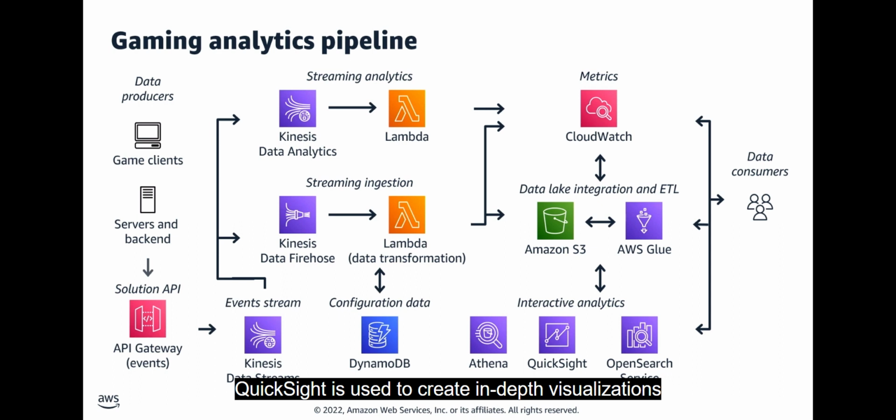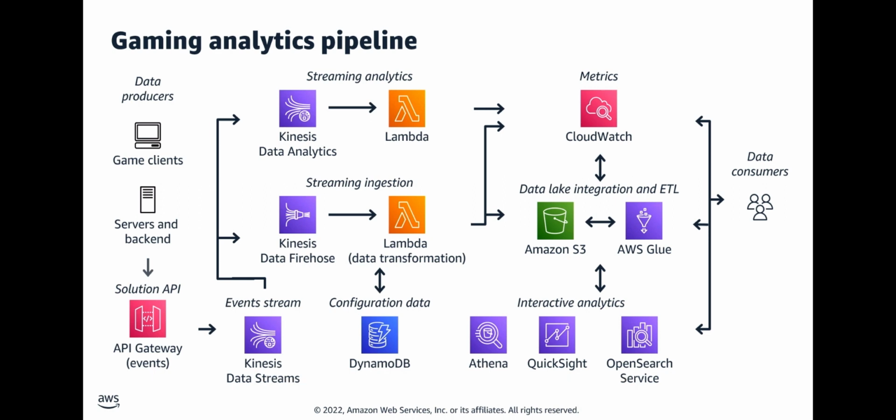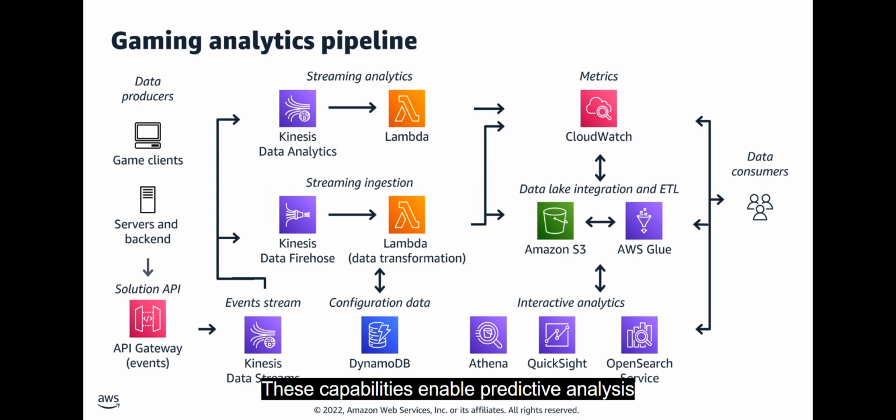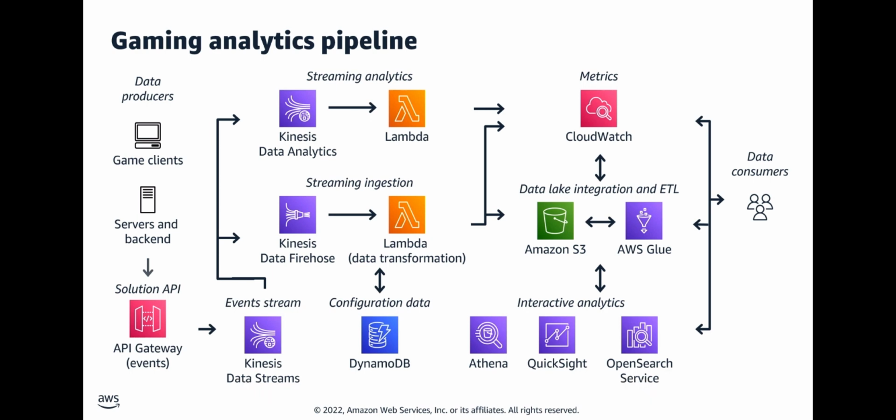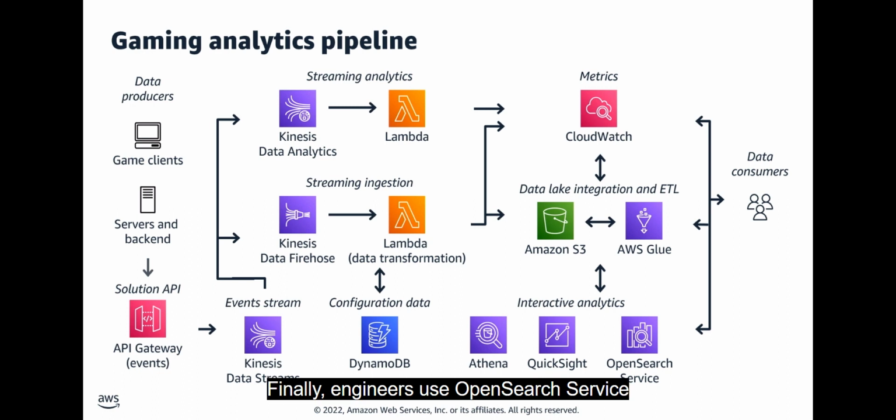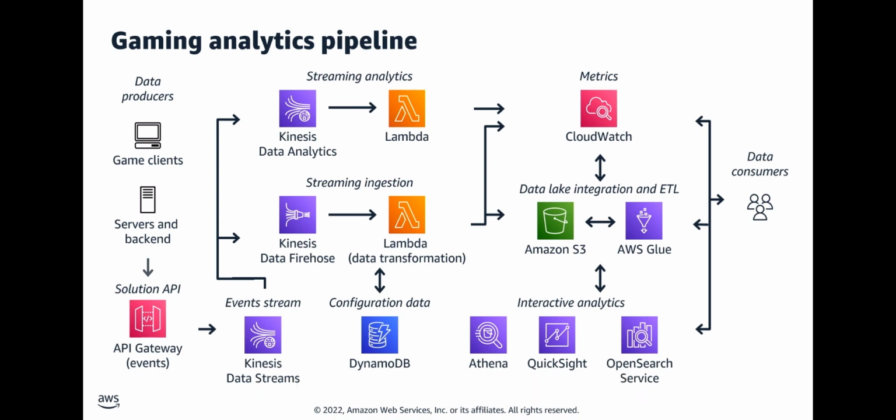QuickSight is used to create in-depth visualizations of server and back-end performance metrics. These capabilities enable predictive analysis of the infrastructure burden and help identify areas of potential concern. Finally, engineers use OpenSearch Service to perform real-time monitoring, as well as debugging and other troubleshooting.